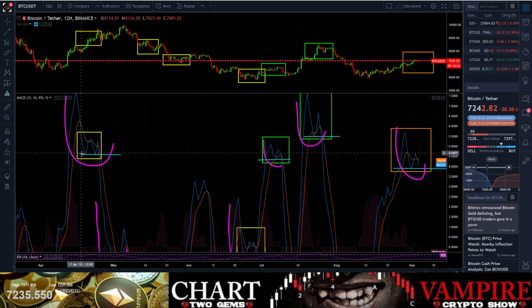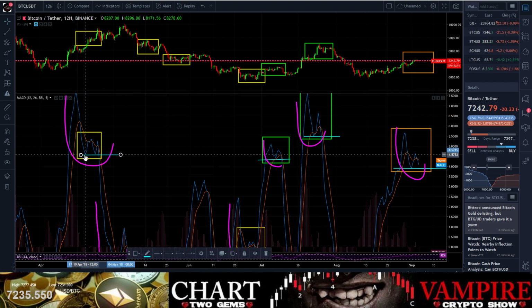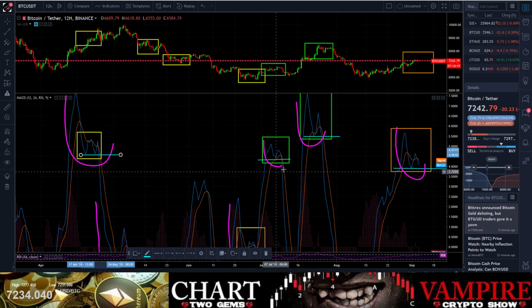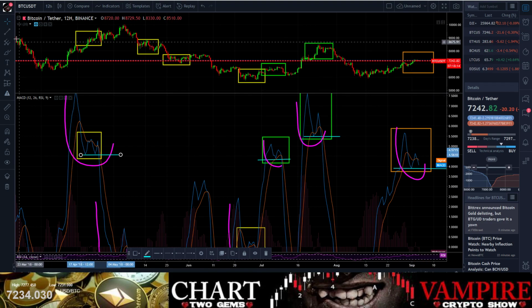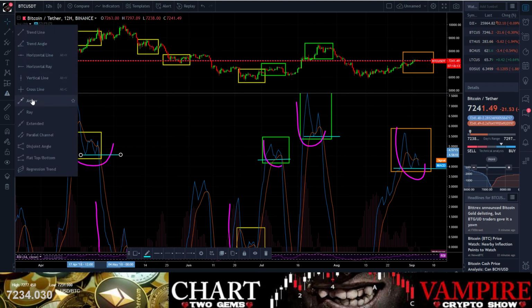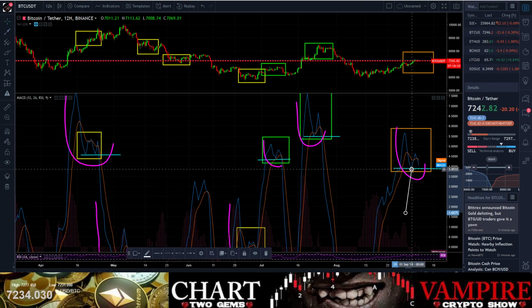We're going to zoom into it. So look at this, it came down. If the bottom of this hook, the comeback of the J, is not broken, so you can see here's the bottom of our hook right here.